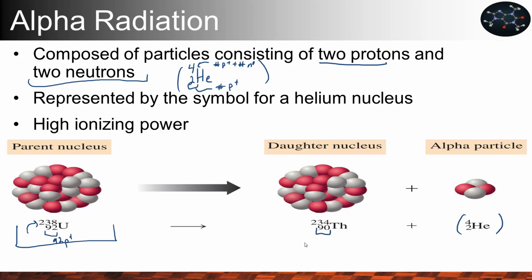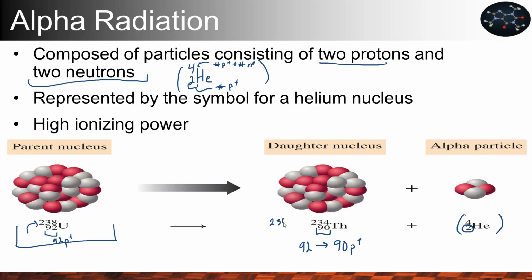Okay, so we go from 92 from the uranium over here down to 90 protons. Right? That accounts for these 2 protons there. And so 2 comes off of this top number. But in addition to that, we also lose 2 neutrons as well. So we lose 4 particles altogether out of this top number, the atomic mass number.